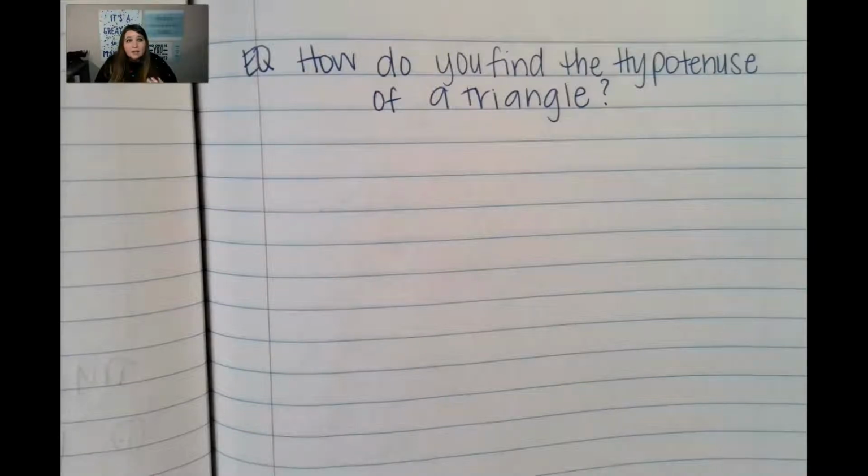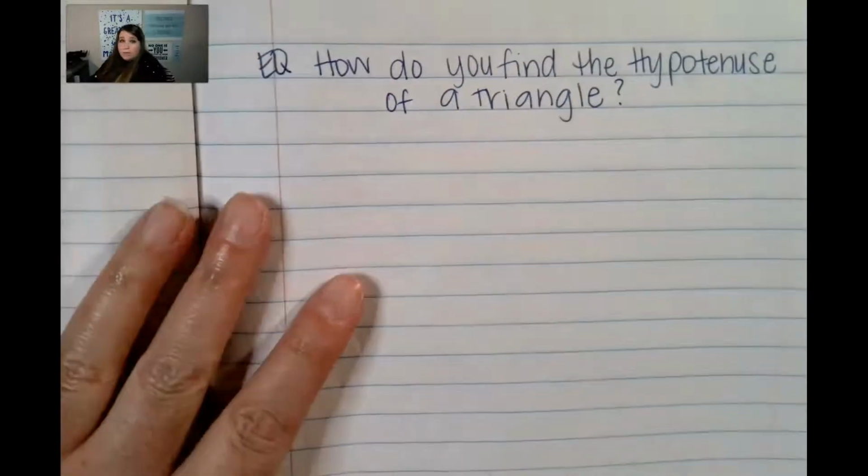And Pythagoras created this famous rule when he used right triangles. So we're going to talk today a little bit about what his famous rule is or was and what he discovered when he was solving right triangles.